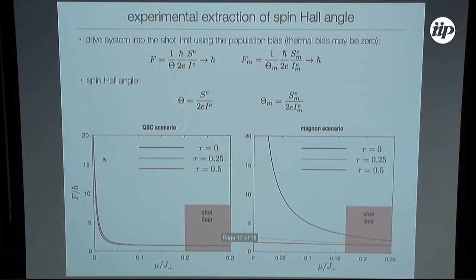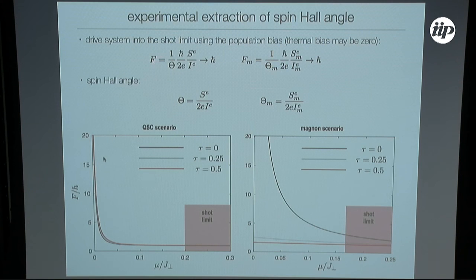And then at the end, just to finish, I will talk about experimental extraction of the spin Hall angle. If you go to the shot noise limit with the population bias, then for both the spin chain case and the magnon case, you can go into the regime where the Fano factor approaches h bar. So imagine that first you bias your two systems, the spin chain or the magnon scenarios, to a large bias limit.